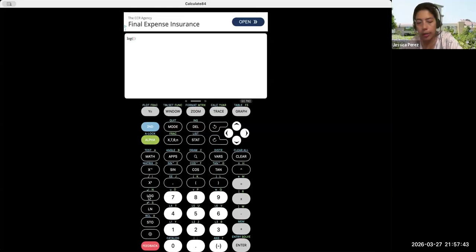You're just going to hit, there's your log button down here. So you're just going to put log of 200 and then close parentheses. And your solution is going to be 2.30103, so rounded to 4 decimals, 2.3010.